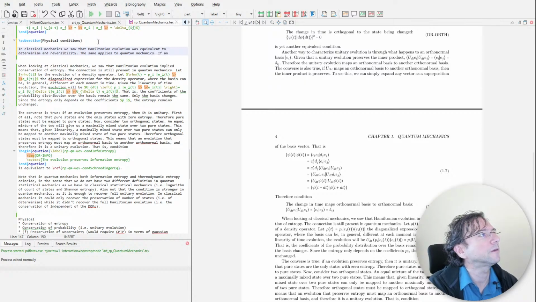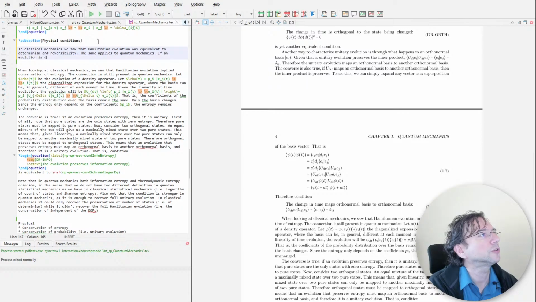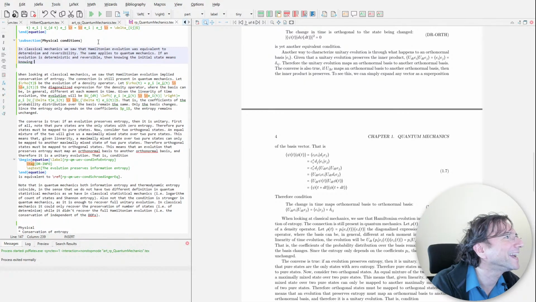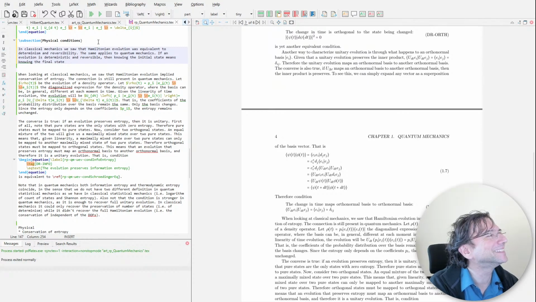If an evolution is deterministic and reversible, then knowing the initial state means knowing the final state, and vice versa.